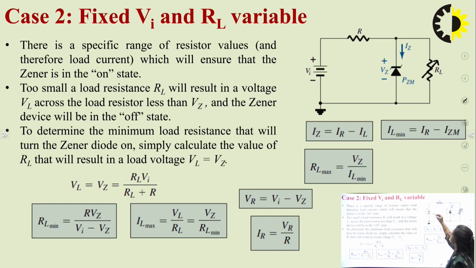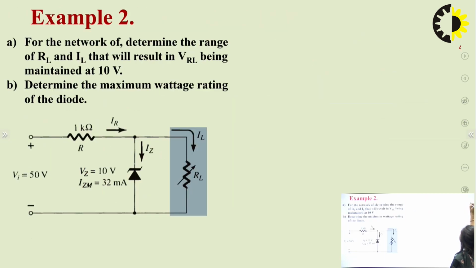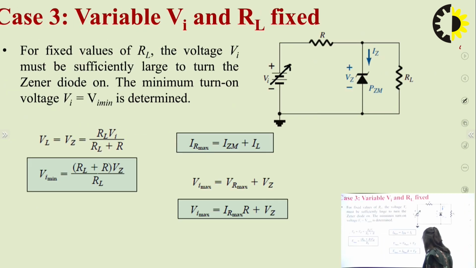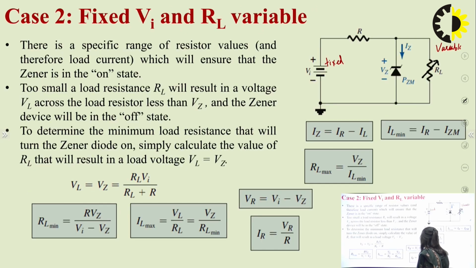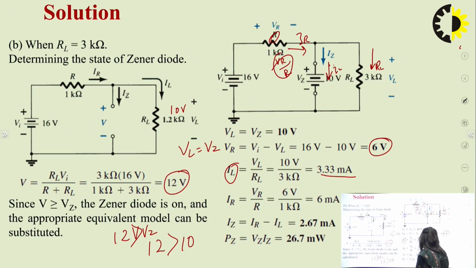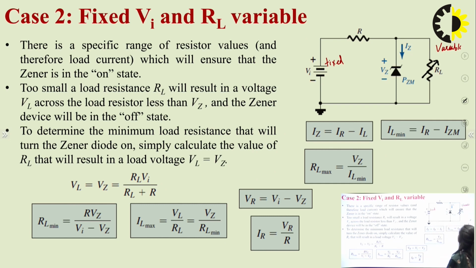Here this Vi is fixed, and this RL is variable. RL variable means your current will also be variable. VL is always fixed.